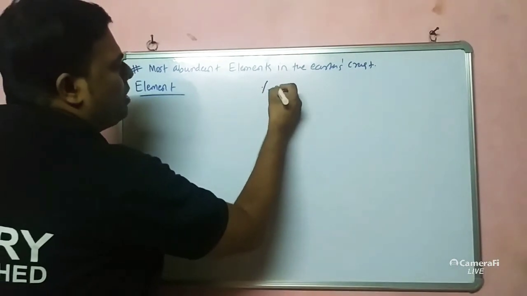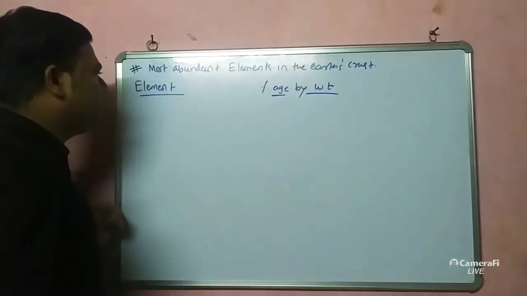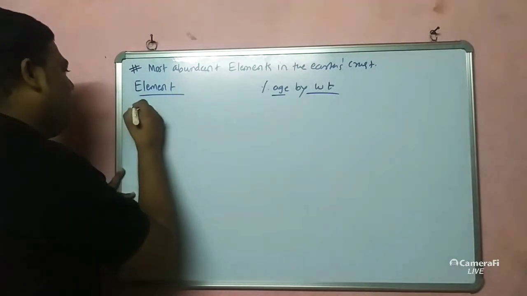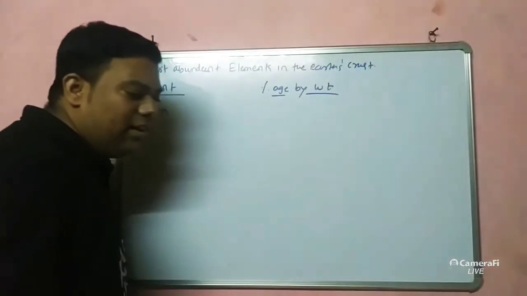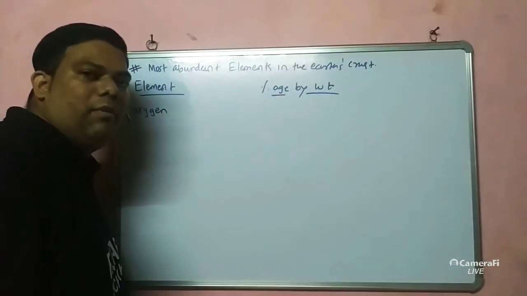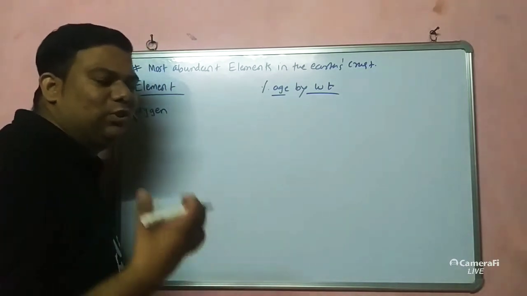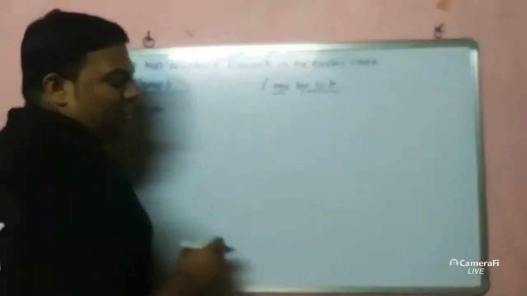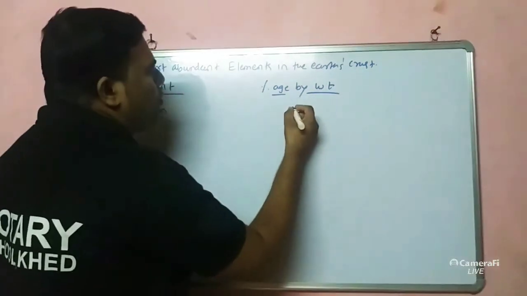First is oxygen, with atomic number 8, and electronic configuration 2,6, where 6 are valence electrons. Its percentage by weight is 49.5.